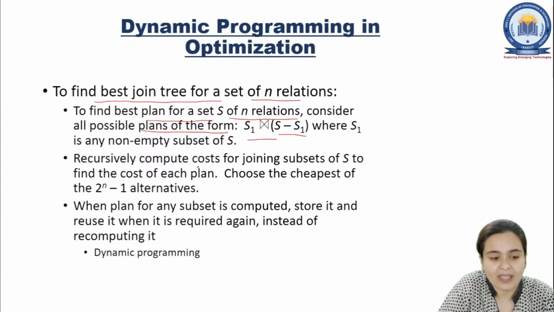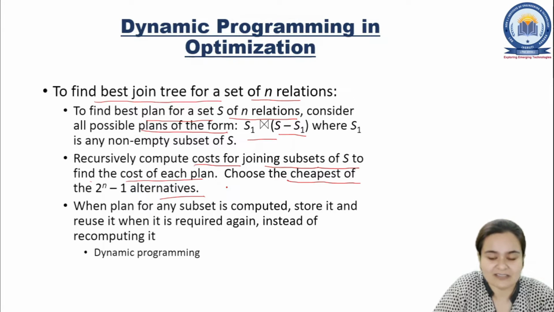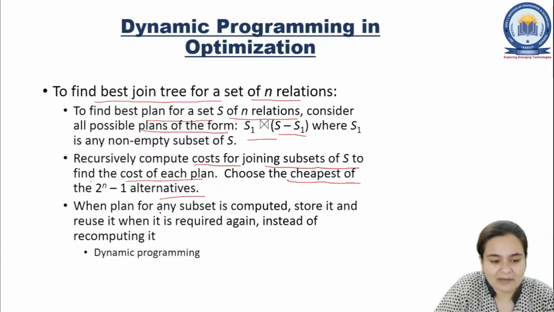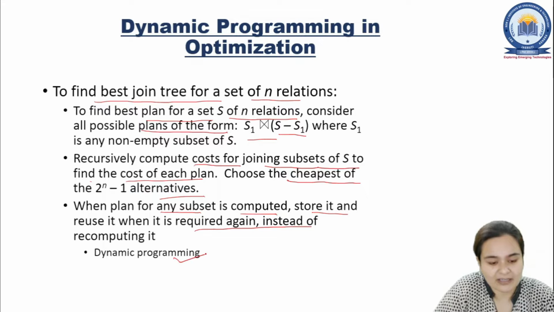Recursively, we compute the joining subsets of S to find the cost of each plan. We get the cheapest one among the 2 to the power n minus 1 alternatives. When the plan for any subset is computed, we store it and reuse it in future. Instead of recomputing, we can use dynamic programming.